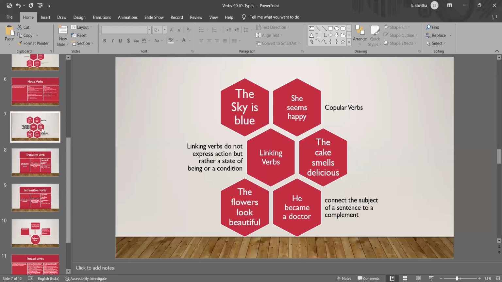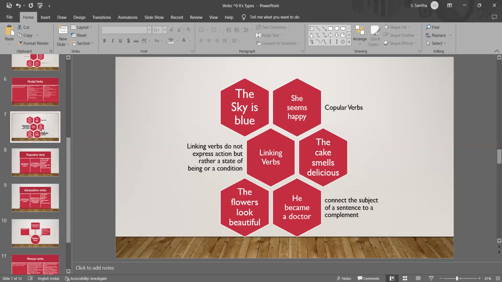Here, became is a linking verb, connects the subject he to the complement doctor, which renames the subject. The flowers look beautiful. In the sentence, look is a linking verb that connects the subject flowers to the complement beautiful, which describes the flowers' appearance. Hope you can understand the meaning, right?